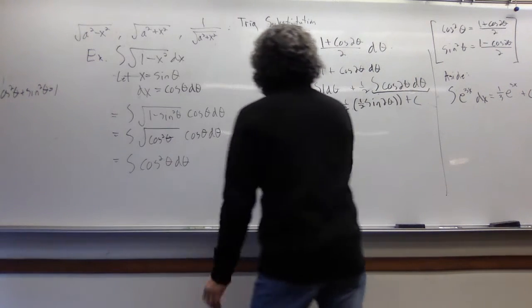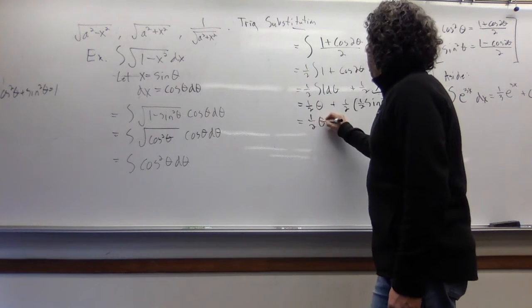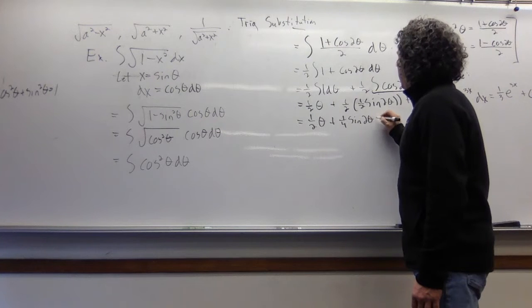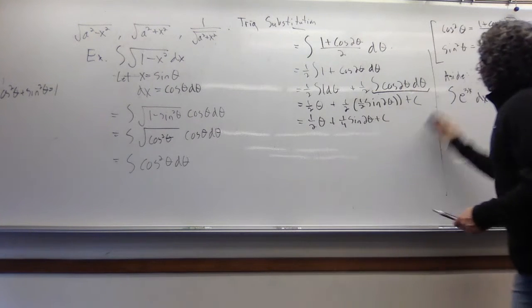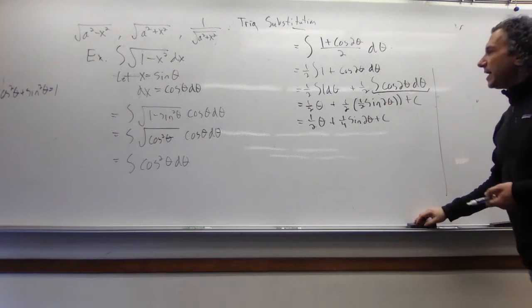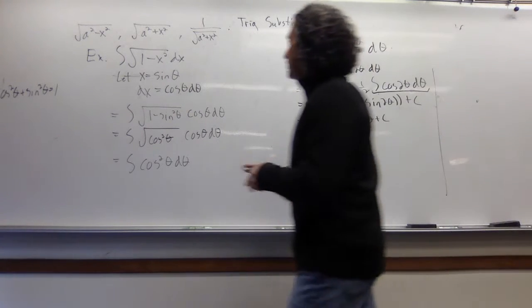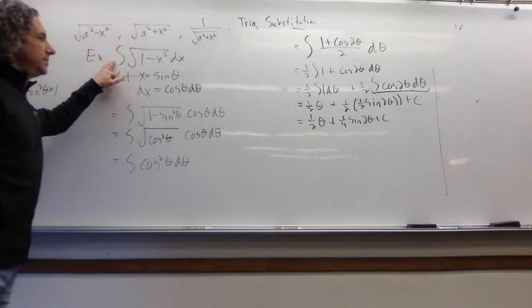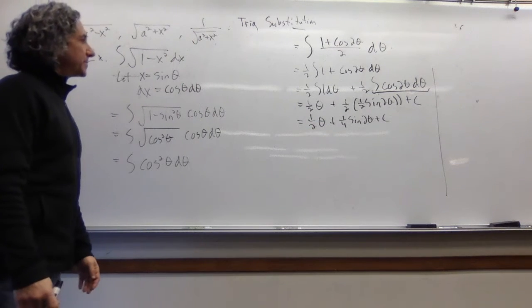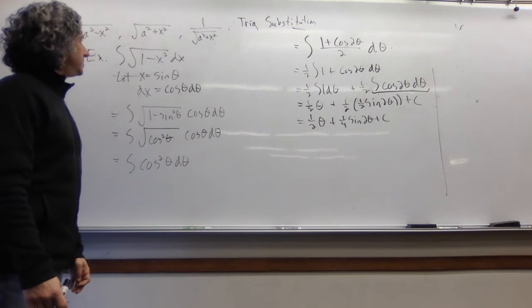Back to what we have here. We have 1/2 theta plus 1/4 sine 2 theta plus c. Well, that's great, except my question up here was in x's. So I want to convert these thetas back into x's. Well, do we know what theta is?